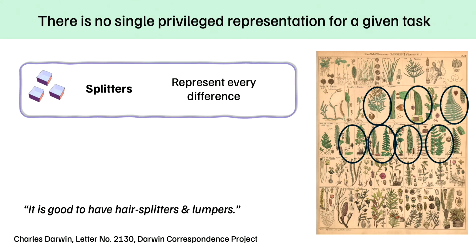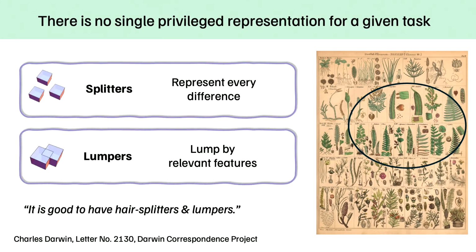So we can think of this as trying to form as many different categories as possible to be able to have this very high-dimensional taxonomy. And on the other hand, there were people that he observed who were the lumpers, who were those that tended to lump by relevant features, so features like having particular kinds of leaves or having particular properties.